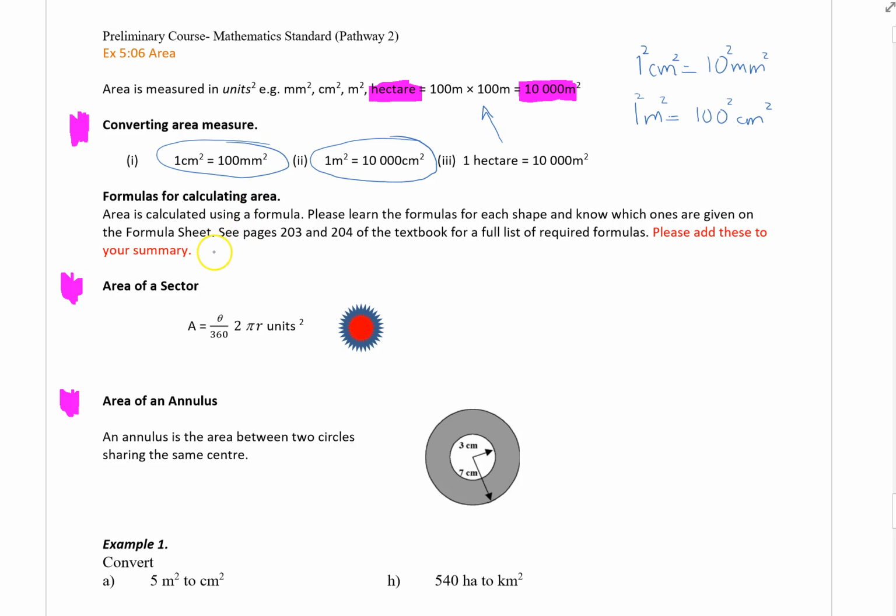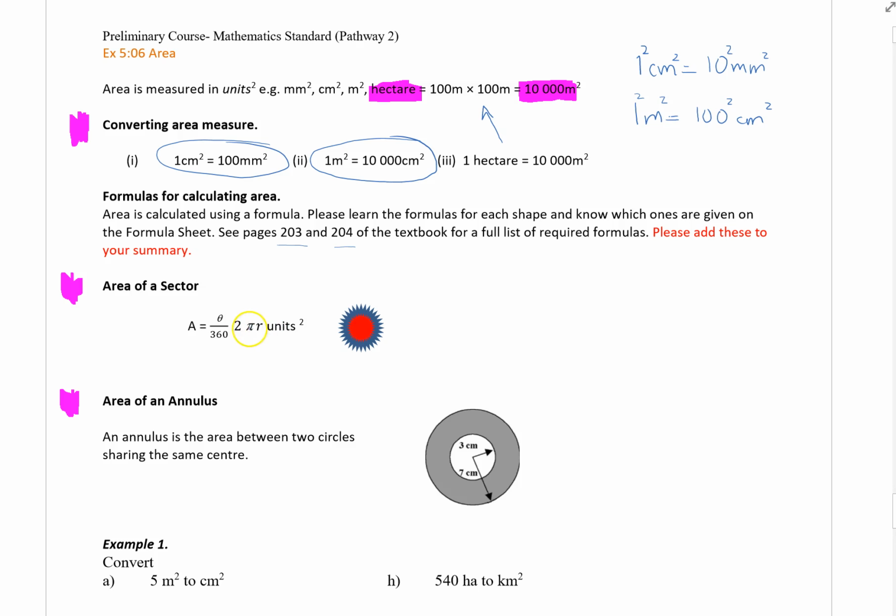The really important thing is for you to have a look at pages 203 and 204, which list the full set of formulas required, and any that are not on the formula sheet, and there aren't that many on the formula sheet, you need to make sure appear down in the summary at the end of this exercise.